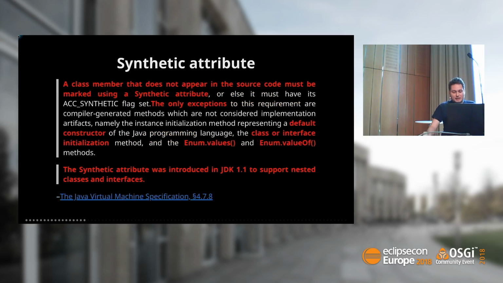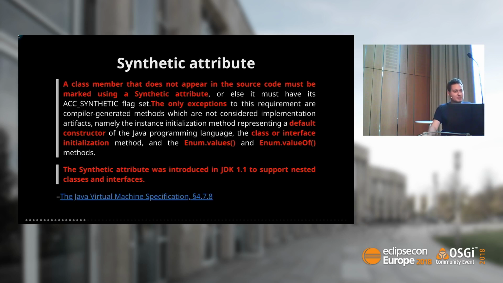Back to synthetic. If you open our Bible, which is the Java Virtual Machine Specification, we can see in it that every class member that doesn't appear in the source code must be marked with a synthetic attribute. So whenever something appears in the bytecode but does not appear in the source code, it should be synthetic.